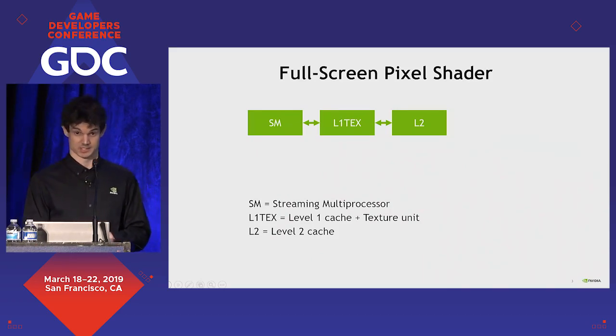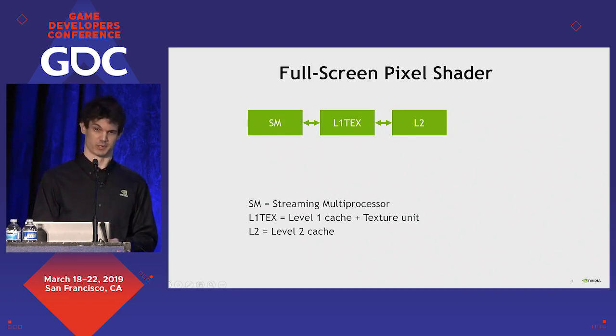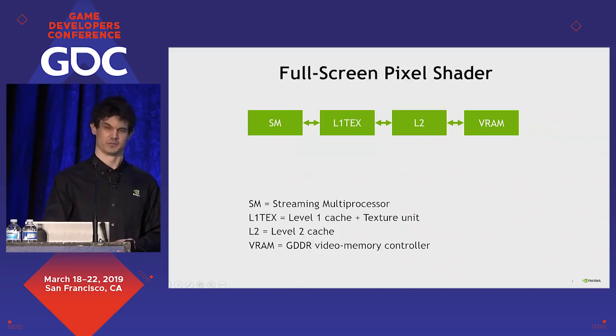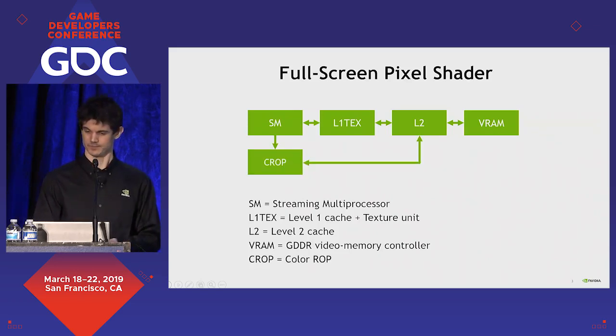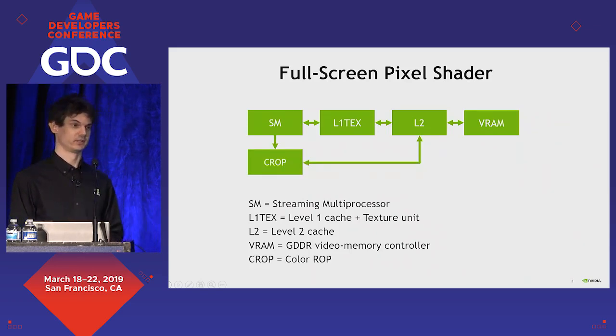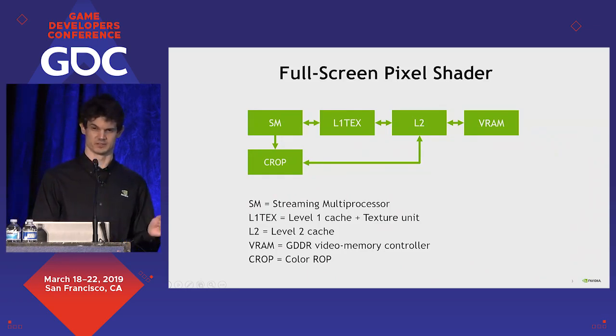And if the L2 cache is missing its data in its cache, it sends a request to the VRAM. The VRAM is the GDDR video memory controller. And after the pixel shader is completed, it also completed a color, and that color gets returned to the render target via the CROP unit, which is a color ROP unit.